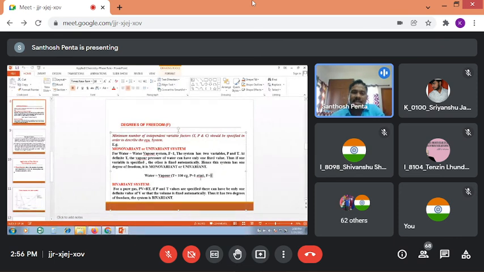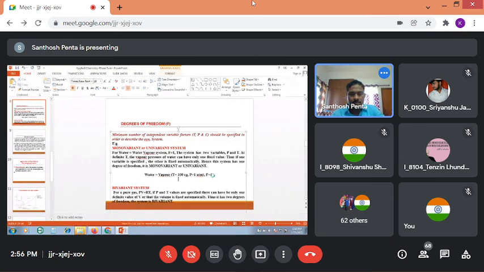Then another example I am giving. If all the 3 components, that means ice is in equilibrium with water and that is in equilibrium with vapor.